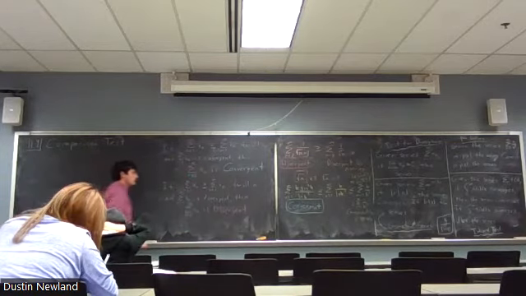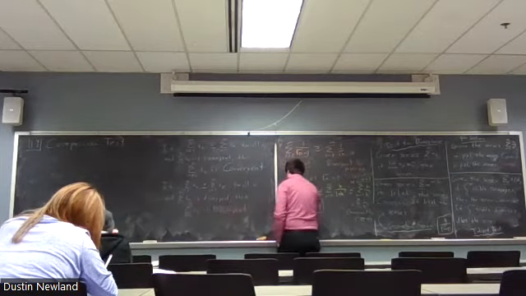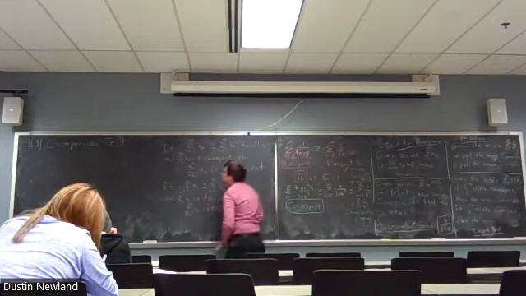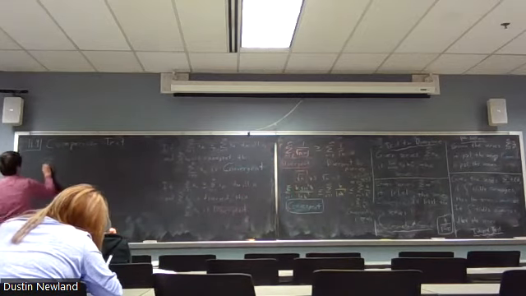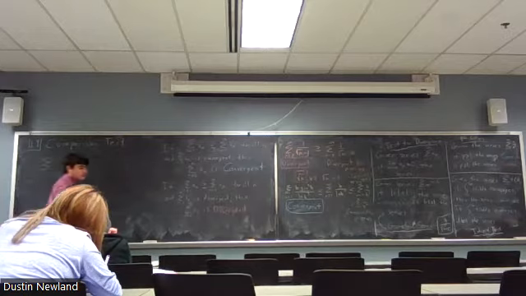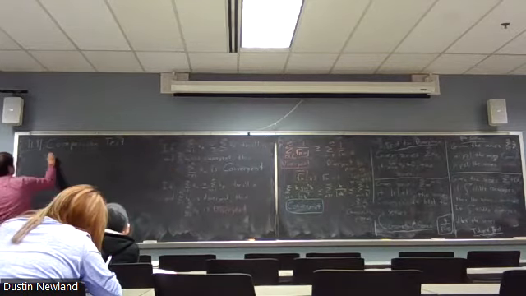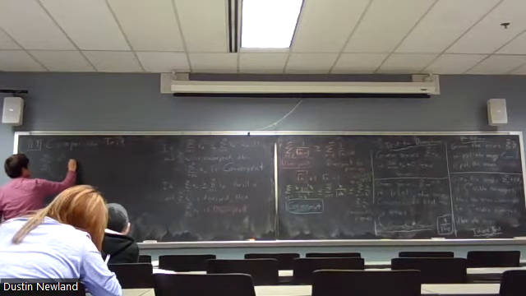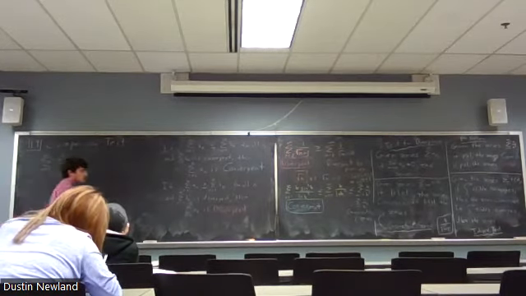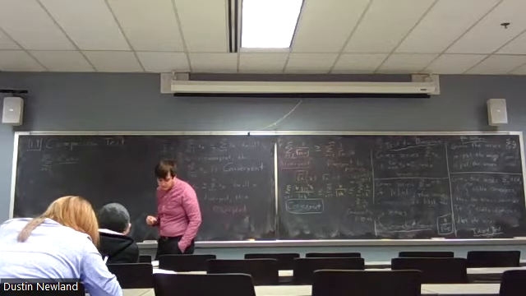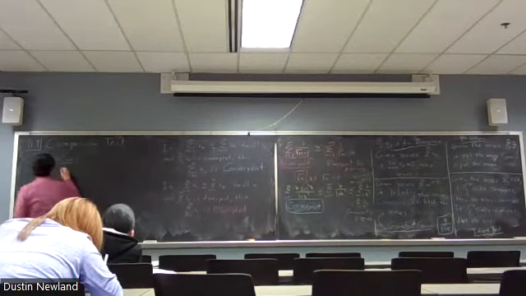So we have the sum from n equals 1 to infinity of n squared plus n plus 1 over n to the 4th plus n squared.